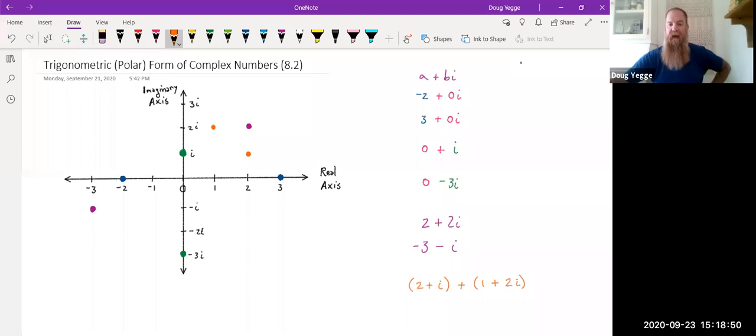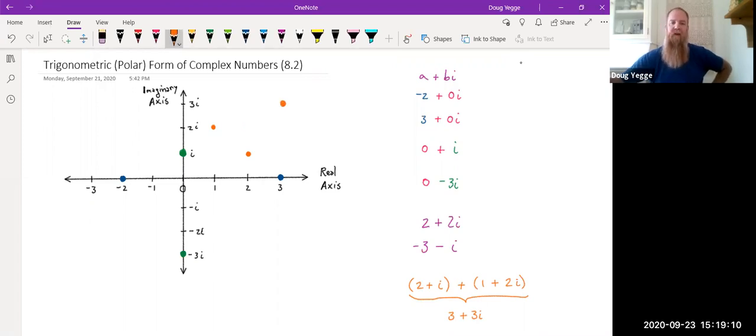And apparently, if I add those two results together, my final result becomes the complex number 3 plus 3i. So if we look at where 3 plus 3i is, that's way up here at the real number of 3 and the imaginary number of 3i.